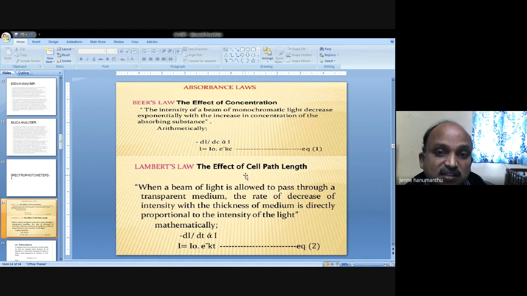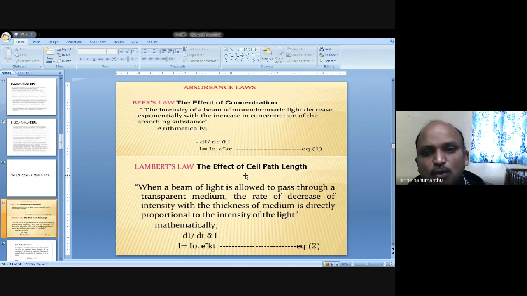If the transmitted light intensity is high at the output side, it means less absorption and less concentration.